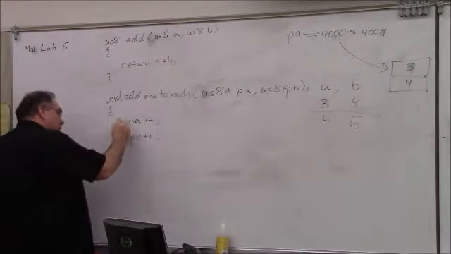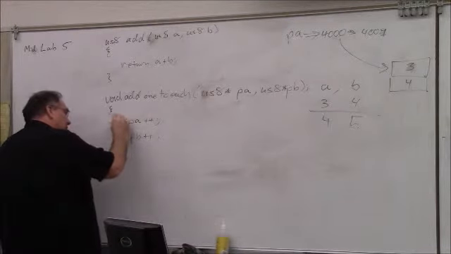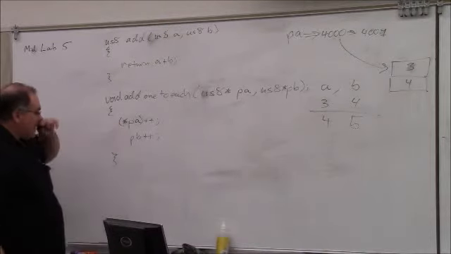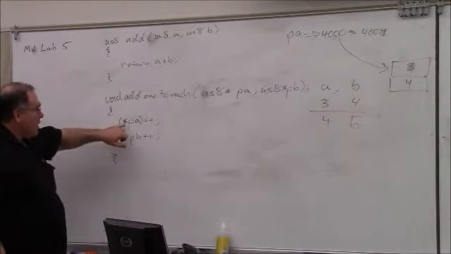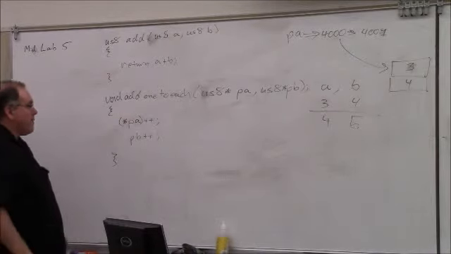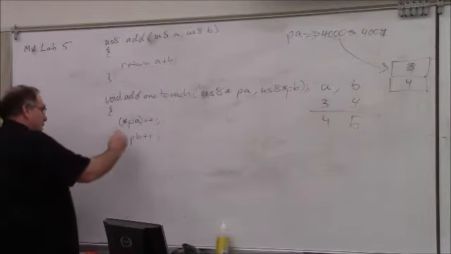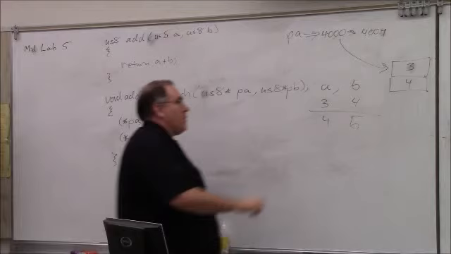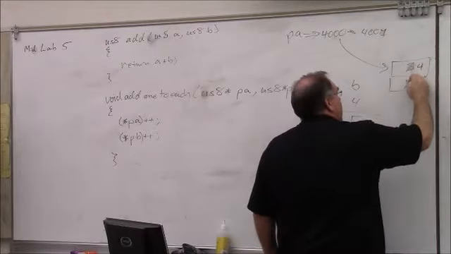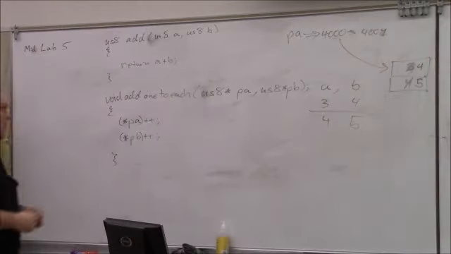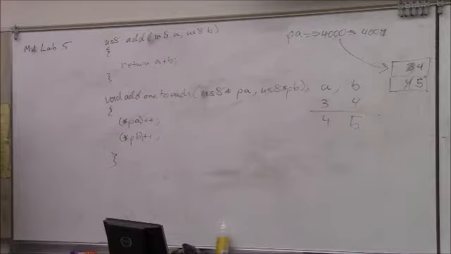What we need to do is put another asterisk in front of that, put some parentheses around it, and what that does is it says, referring to that location, the value in that location, do the plus plus operator, which adds 1 to it, and the same thing down here. So that will make this one 4 and this one 5. Allows us to alter multiple variables in a function call.